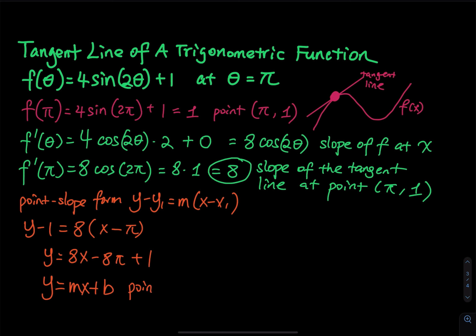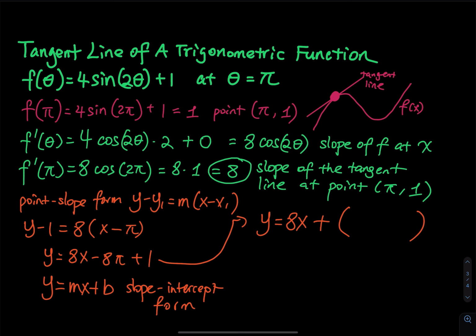To make this look like y equals mx plus b, that is called slope-intercept form, not point-slope form. You will have to do this. y is equal to ax. We put a plus in here, and then we group everything else in this parenthesis. If so, then you have minus a pi, and then plus 1, after you distribute.